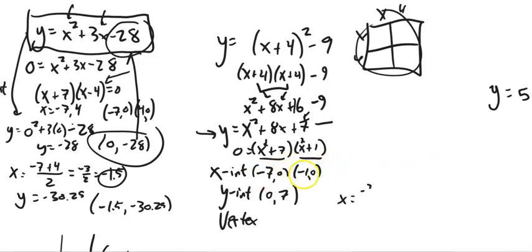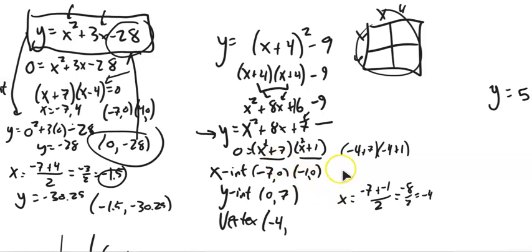So I'm just going to average those. -7 plus -1 over 2. -8 over 2 is -4. So my x value is -4. And I could plug it back in. I'll plug it back in and say here, -4 plus 7, -4 plus 1. So I've got -3 times 3 is -9. Got all my pieces. And then I can sketch my graph for it.